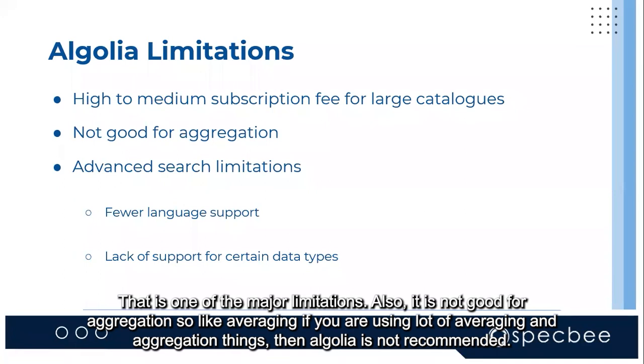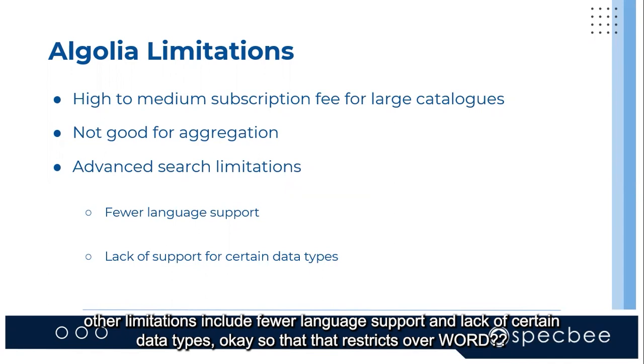Also, it is not good for aggregation. Like averaging and all those things, if we are using a lot of averaging and aggregation, then Algolia is not recommended. Other limitations include fewer language support and lack of certain data types.